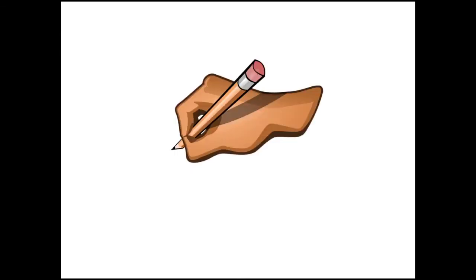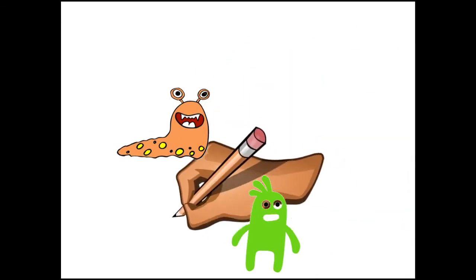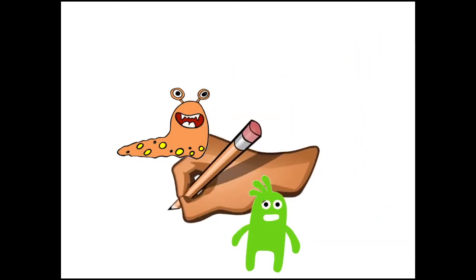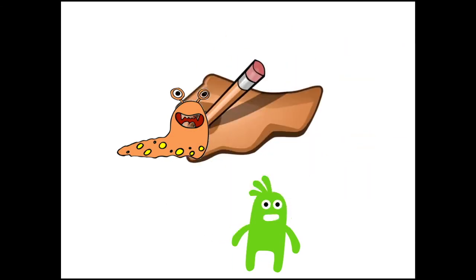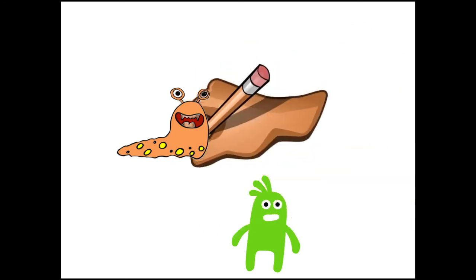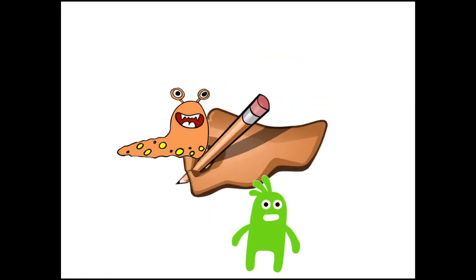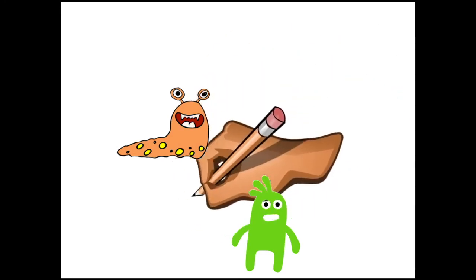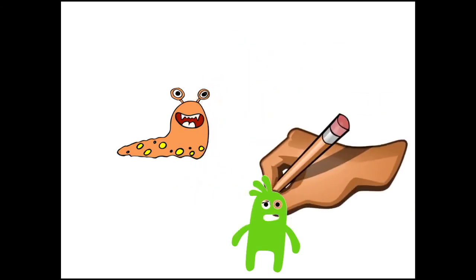Okay, now it's time to draw. Draw your friendly monster on your paper. As you draw, remember to put all the ideas from your imagination on your paper. Are you ready to do that? Get started!